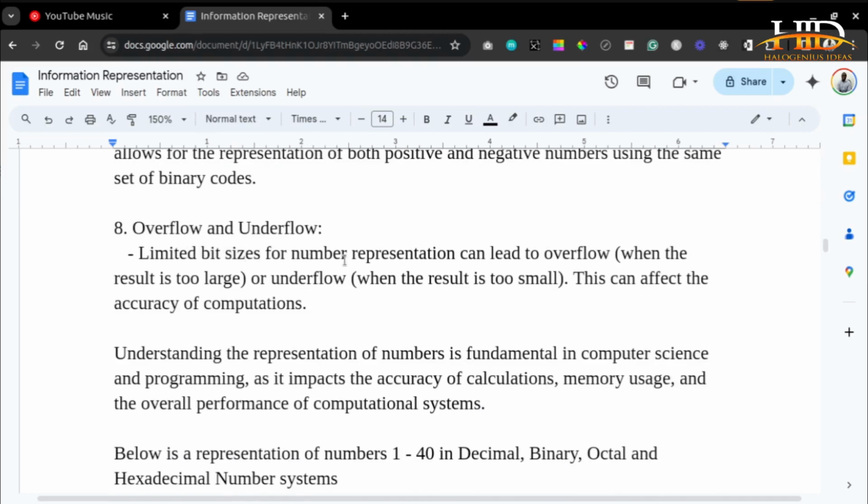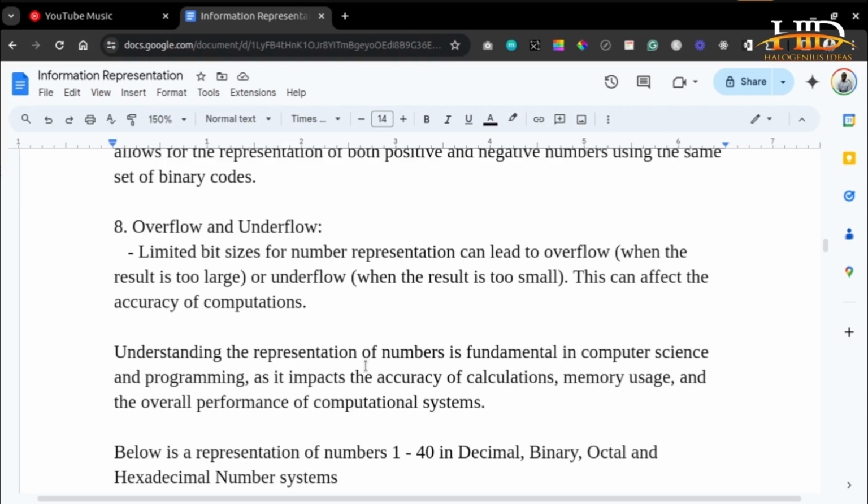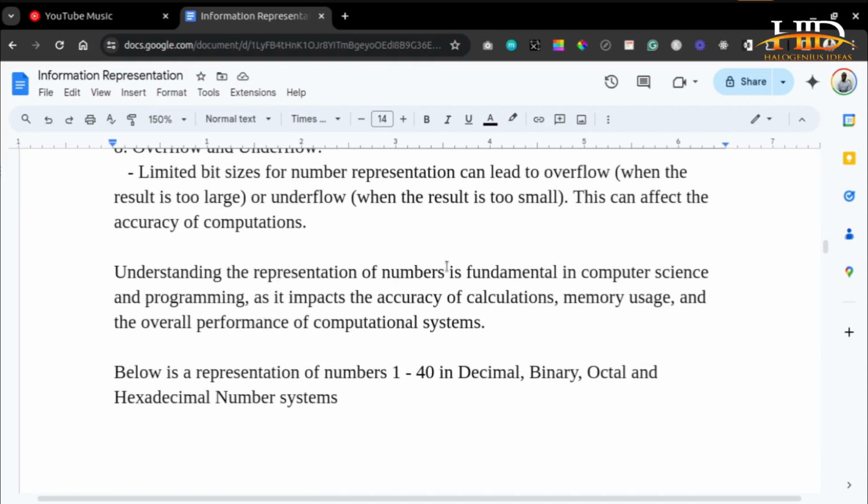Limited bit sizes for number representation can lead to an overflow when the result is too large, or underflow when the result is too small. So this can affect the accuracy of your computation. Understanding the representation of numbers is fundamental in computer science and programming as it impacts the accuracy of calculations, memory usage, and the overall performance of computational systems.